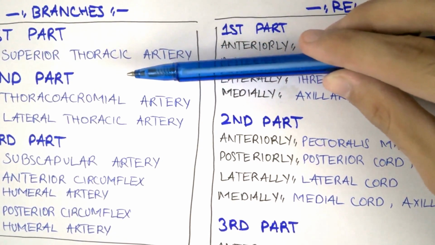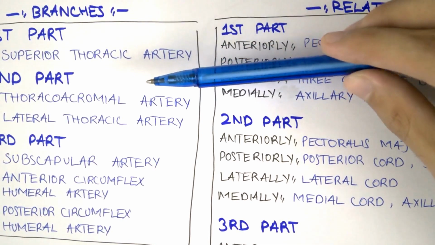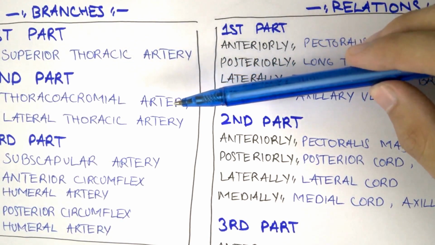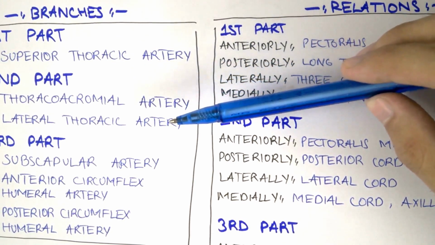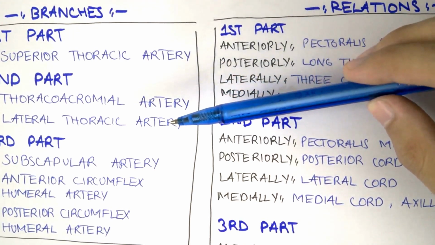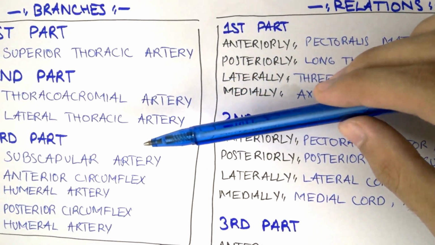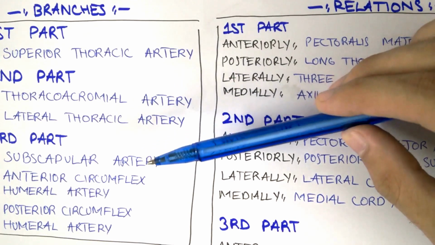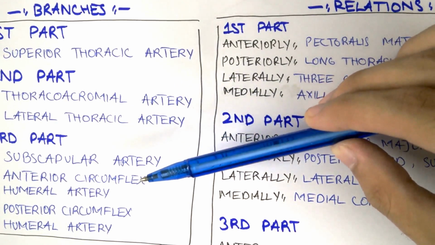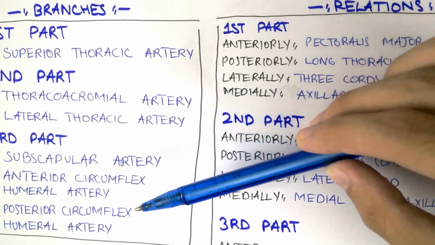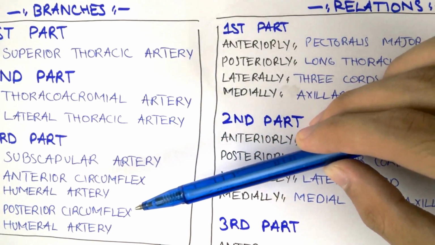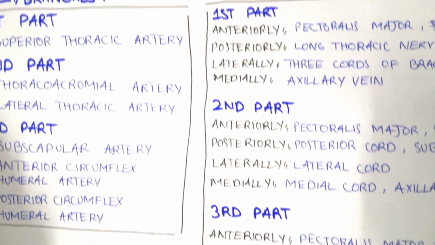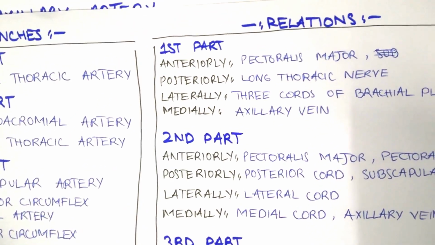The second part gives two branches known as the thoracoacromial artery and the lateral thoracic artery. The third part gives three branches: the subscapular artery, the anterior circumflex humeral artery, and the posterior circumflex humeral artery. Now those are the branches.